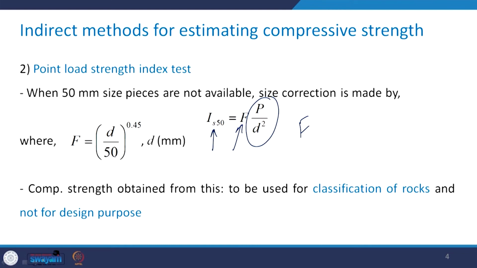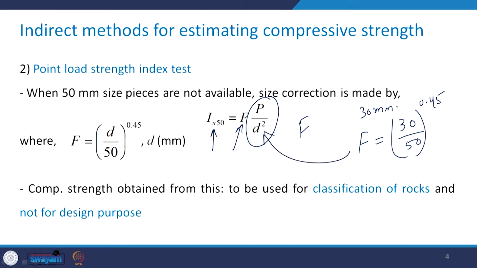So let us say that I have conducted the test at 30 mm diameter of the specimen. F is going to be in that case 30 upon 50 to the power 0.45. Whatever value of F that you get, you just substitute it here and you will get the correct value of this IS50.